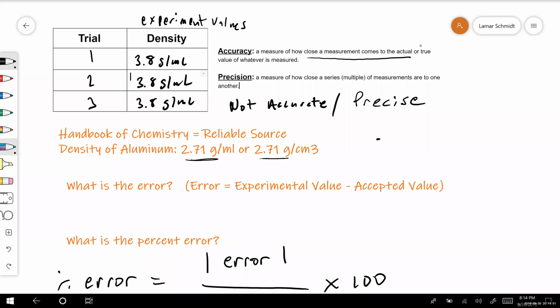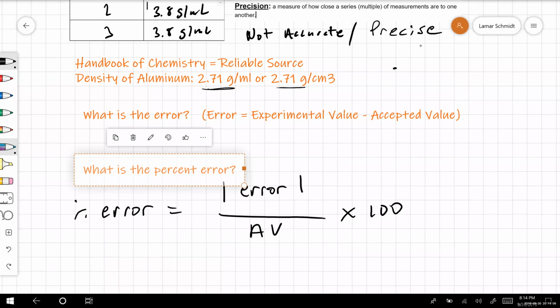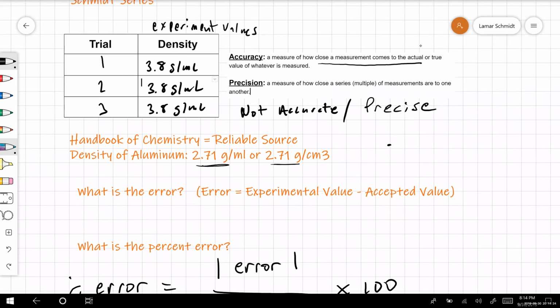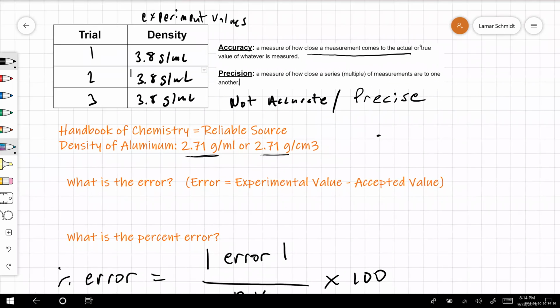Okay, so now we have determined that this is not accurate, but it is precise. So now we might want to ask another question like, well, what is the error? Well, error is equal to the experimental value minus the accepted value. Where did you get the experimental value from? Earlier we said we get our experimental values from our table.